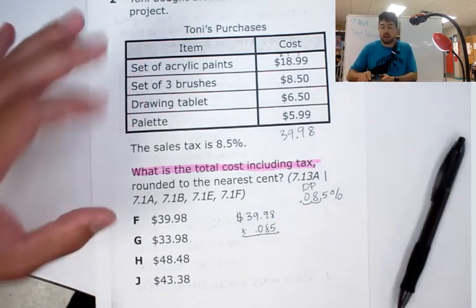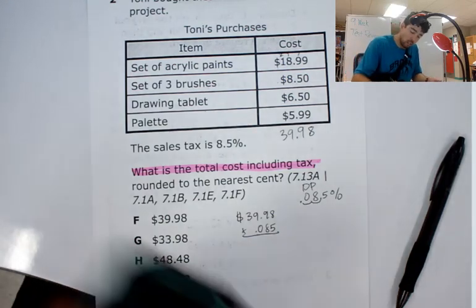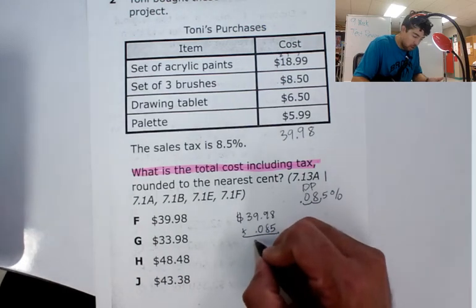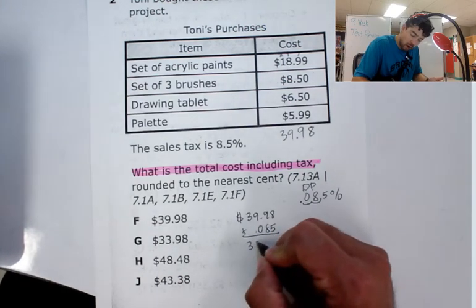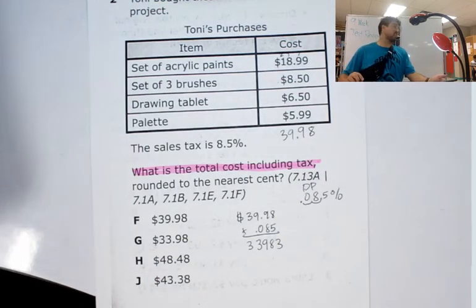Now, I'm going to do it on my calculator just to save time, because my mental math skills are not that great. This ends up being 33983. Now, we talked about multiplying decimals. We do not have to line them up.